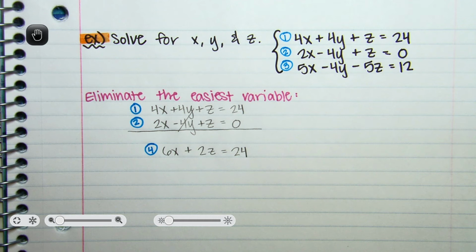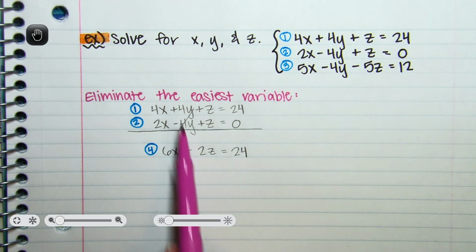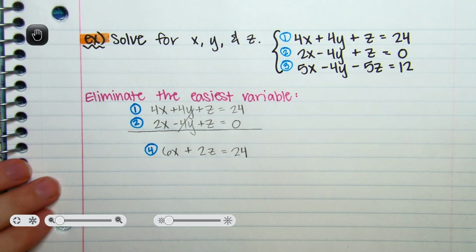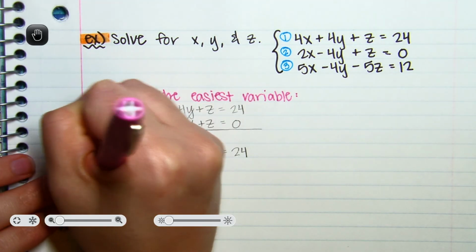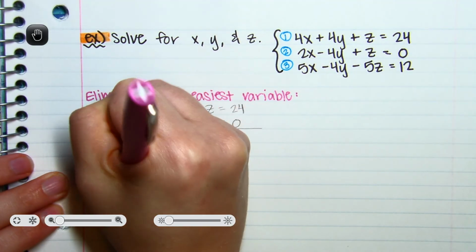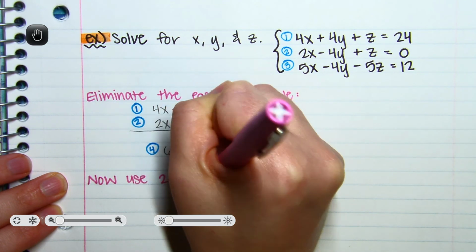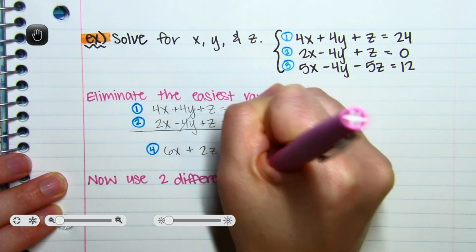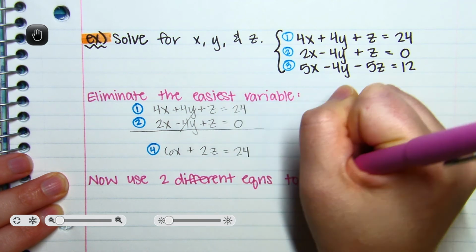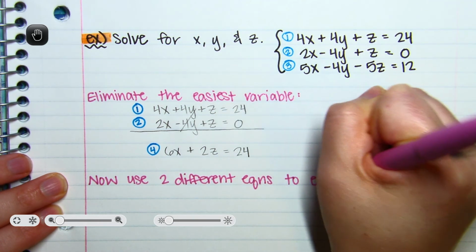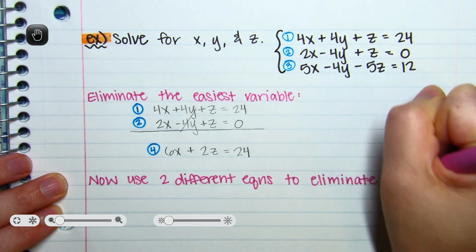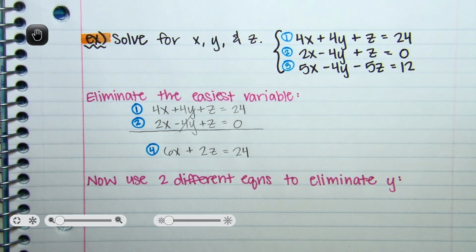So I've done half of step 1. I have eliminated a variable using 2 equations. But now, use 2 different equations to eliminate that same variable, to eliminate y again.